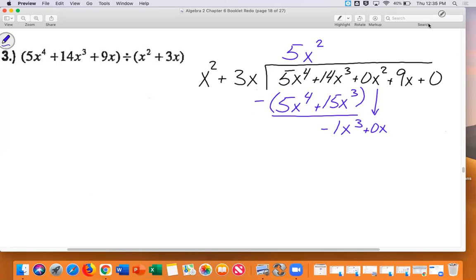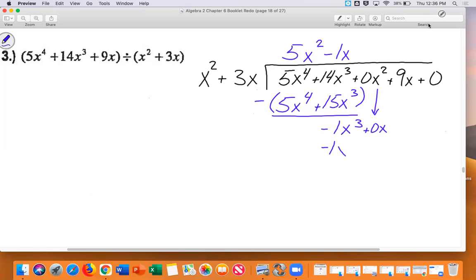Now, here, I need a negative x cubed, so I'm going to multiply it by negative 1x. I kind of feel like I'm doing this correctly because I have x squared, and the next thing I can multiply would be x. See how it's descending. So multiply by negative 1x.